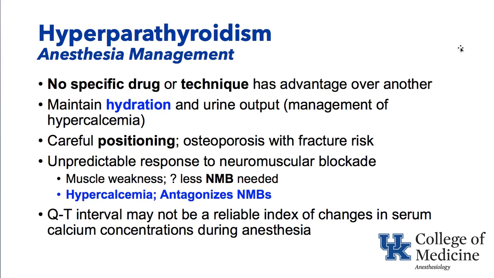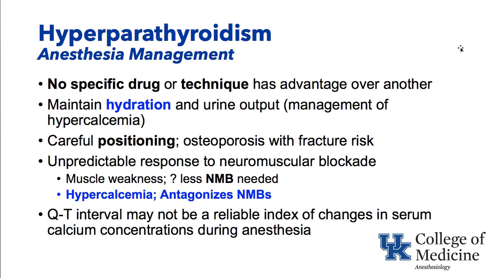If their calcium level is very high, the hypercalcemia can antagonize neuromuscular blocking agents. Remember that calcium is associated with presynaptic release of acetylcholine, and lots of calcium around can result in more presynaptic release of acetylcholine, which antagonizes, for example, rocuronium neuromuscular blockade.